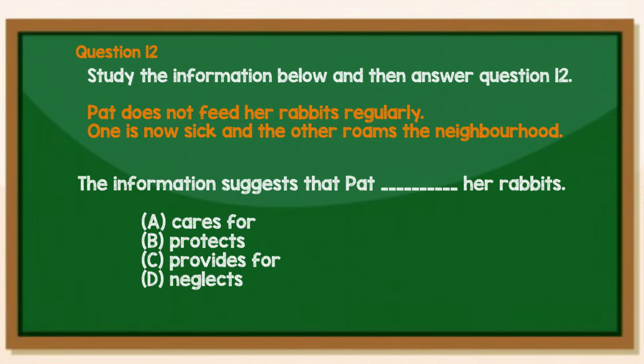Question 12. Study the information below and then answer question 12. The information reads, Pat does not feed her rabbits regularly. One is now sick and the other roams the neighborhood. The information suggests that Pat something her rabbits.